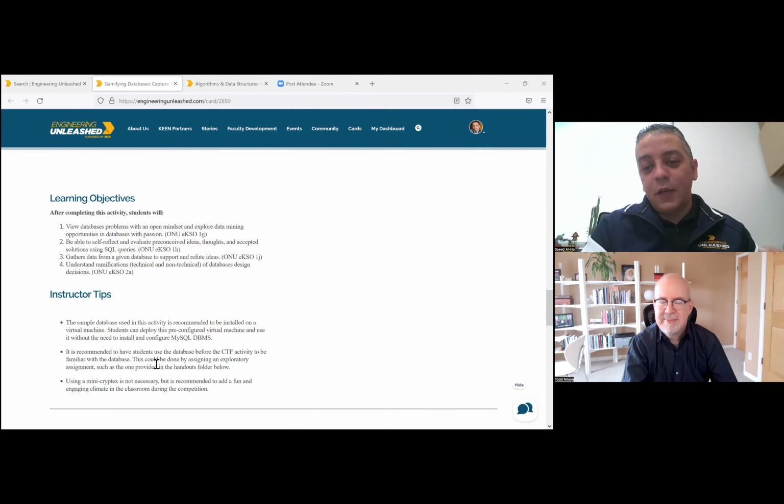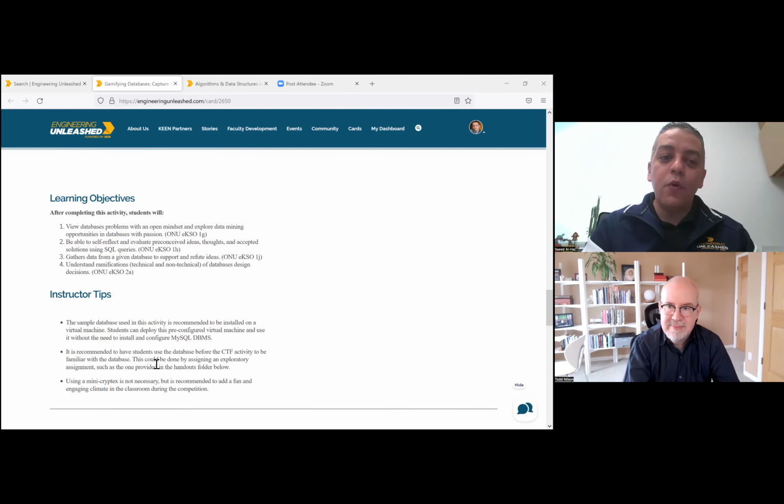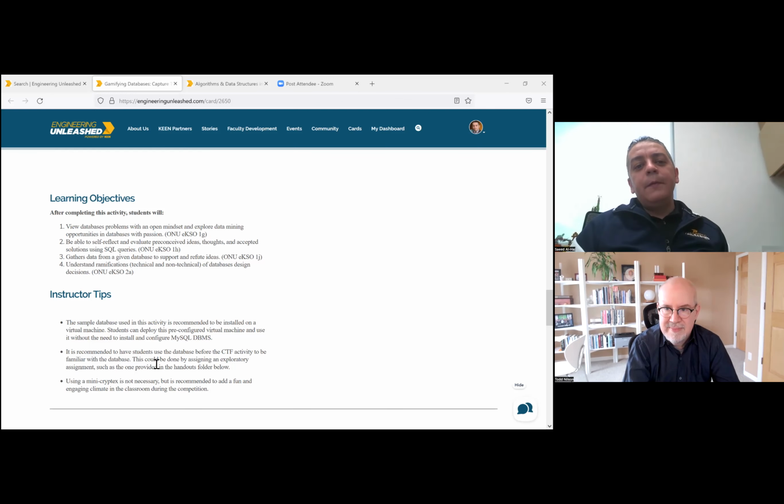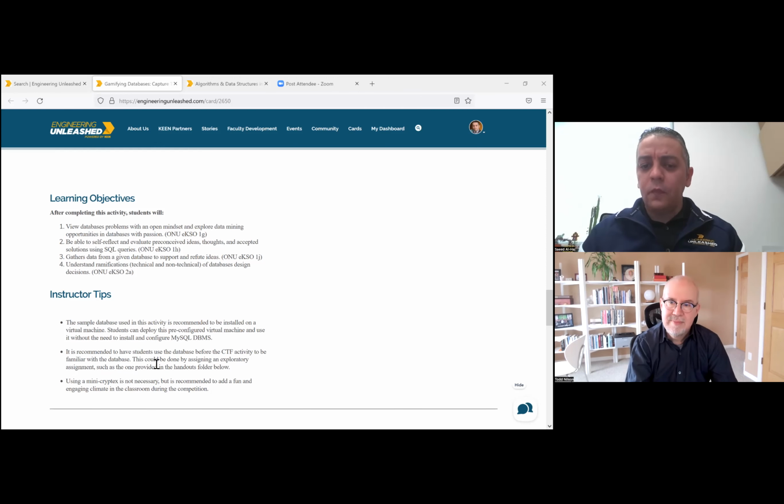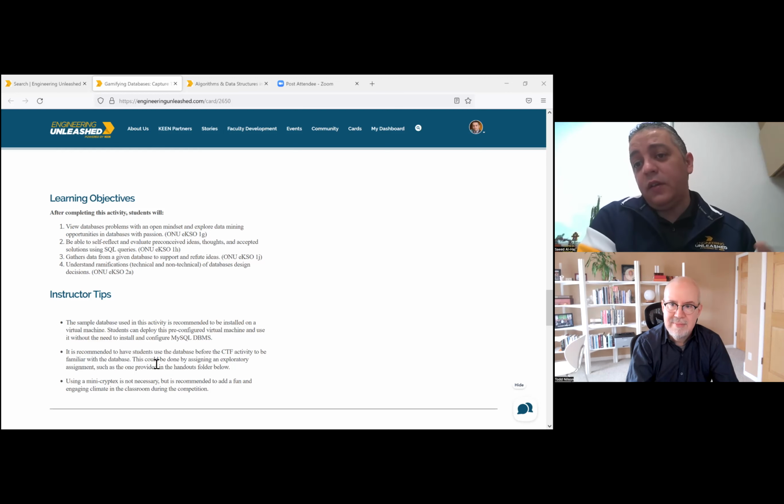And for me as a computer scientist, I try to promote this platform because most of the cards are related to engineering disciplines, not necessarily computer science. There are good cards for computer science, but we can use other cards as well. And this is what I use it for as well.